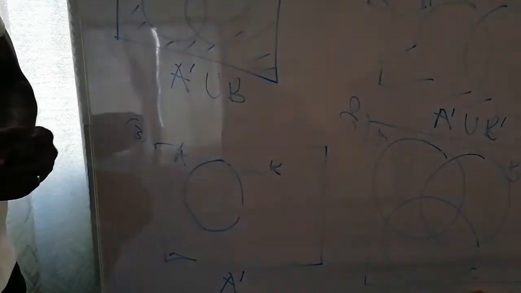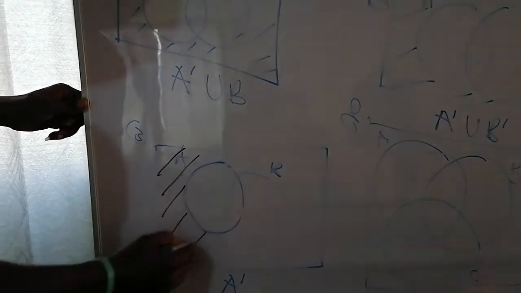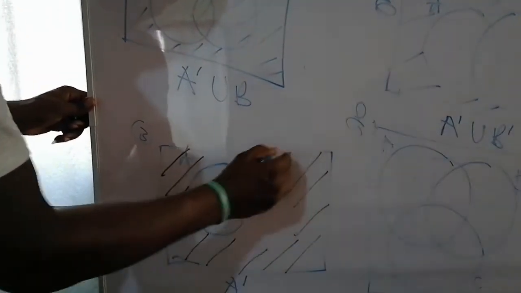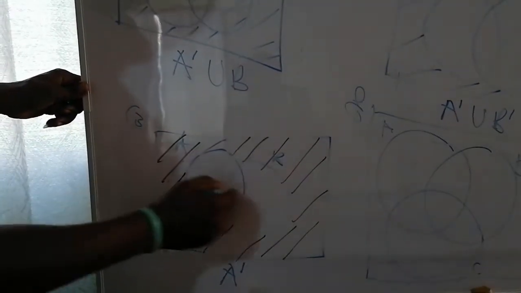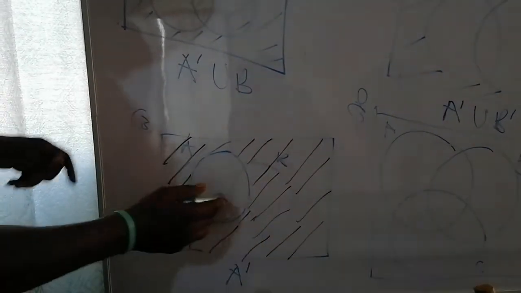Let me change my marker. You have all of this here, all of this here, including this. So this will be our A complement.